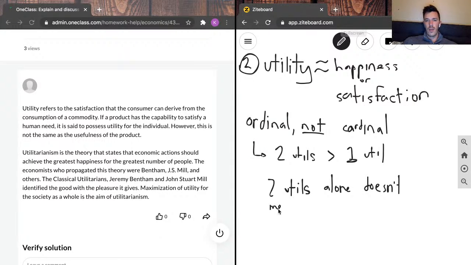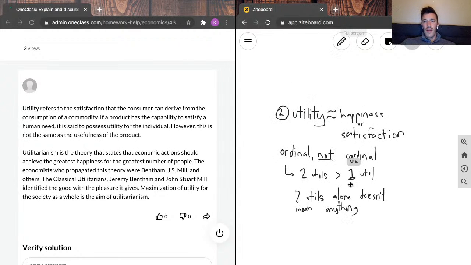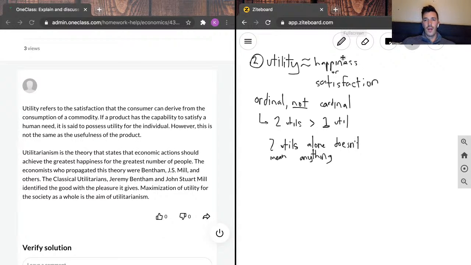I'm trying to think of what else I can maybe add here. Typically, consumption of a good has diminishing returns to utility. Example of this is maybe money is a pretty common one.